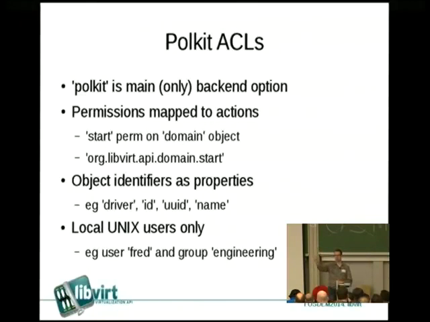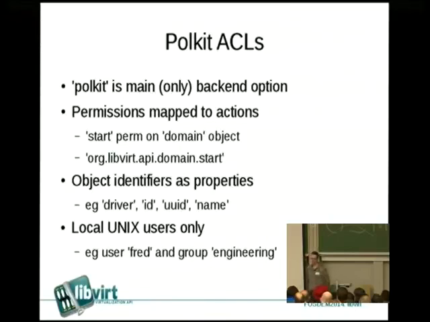And then we map those permissions into PolicyKit actions. So if you want the start permission on the domain object, that gets mapped into a PolicyKit action called org.libvirt.api.domain.start. And there's a whole bunch of these permissions, which you'll again find in the online API documentation for Libvirt. So you can figure out what the mapping is for any API.